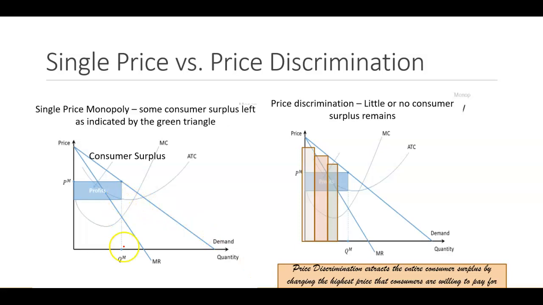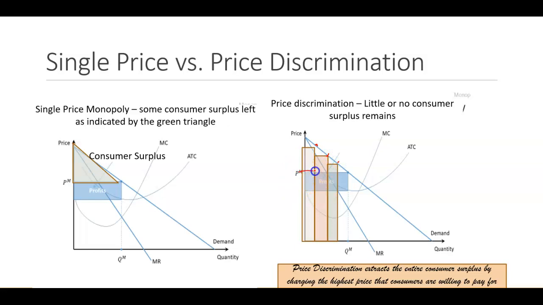Okay, so here we have the same graph. I made it a little bit smaller so that you could see. Okay, a single price monopoly, there will be some consumer surplus left on the table, as indicated by the greenish sort of triangle. In price discrimination, the business is going to charge customers what they're willing and able to pay.